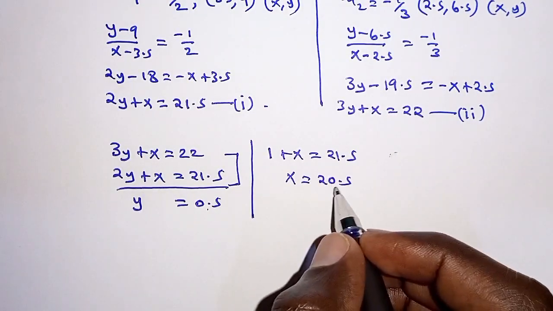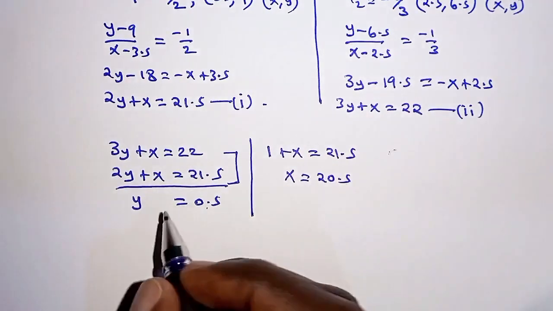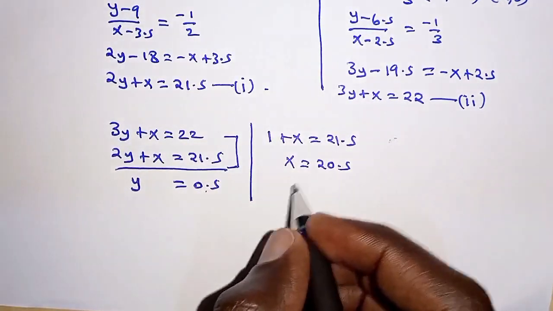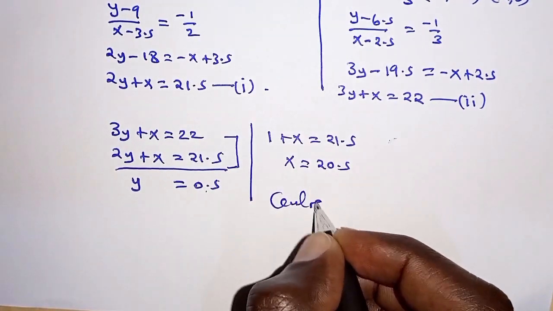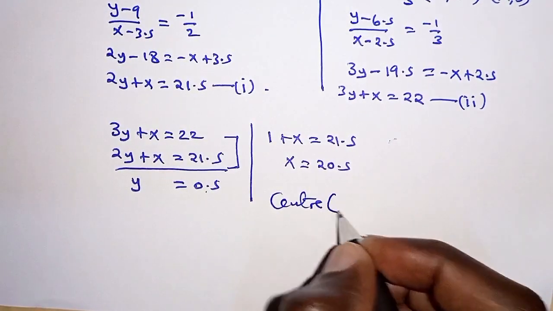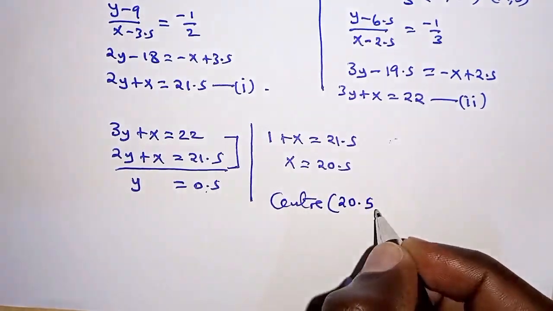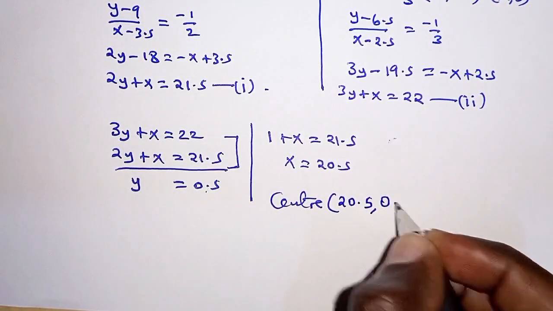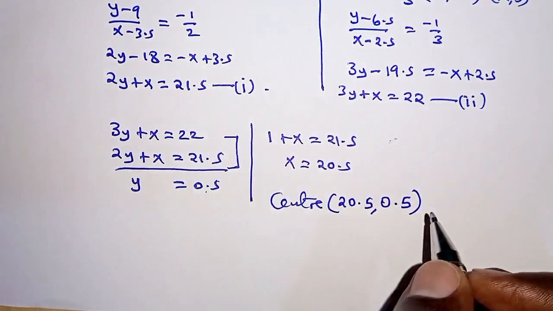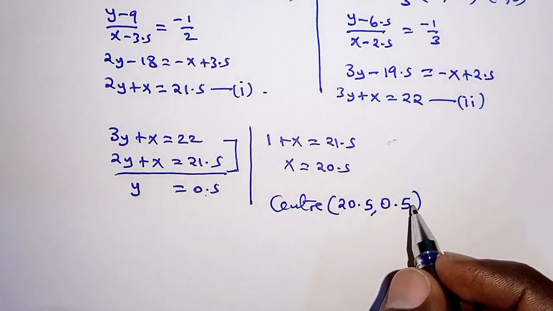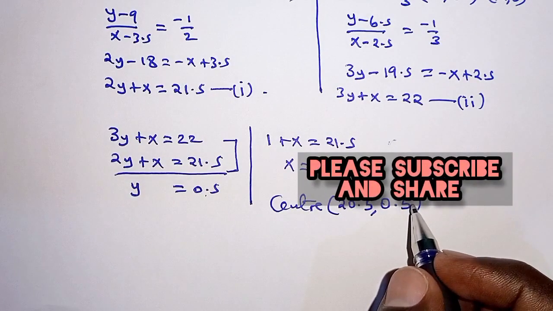So we have the x coordinate as 20.5 and the y coordinate as 0.5. That means the center of the circle, xy, is now given as 20.5, 0.5. And thus we have come to the final end of the solution to this problem.